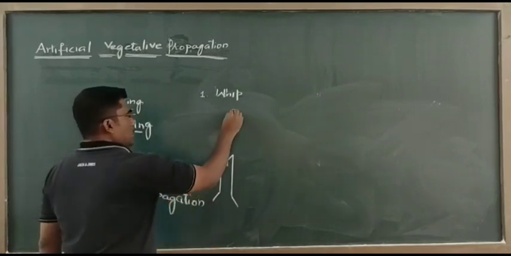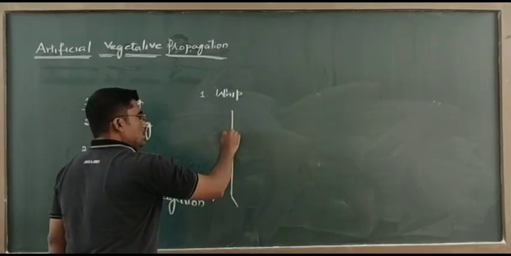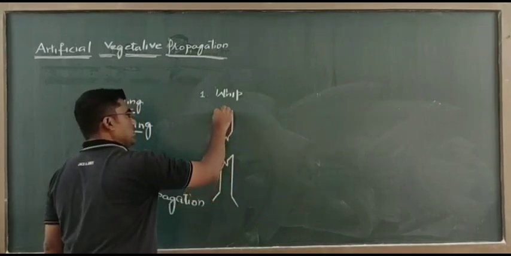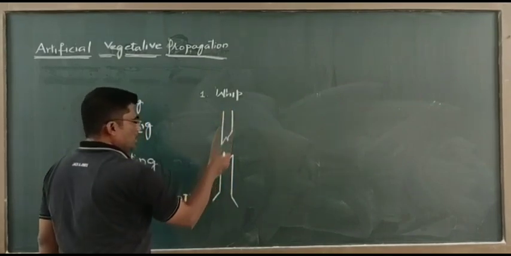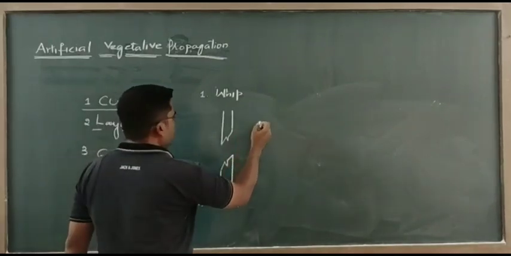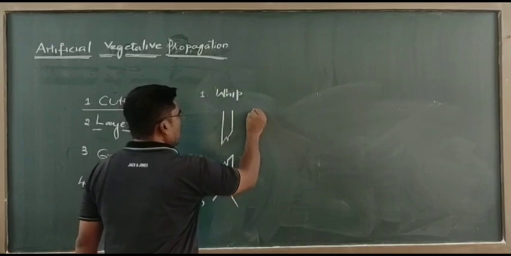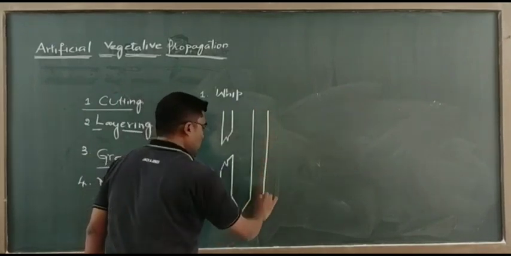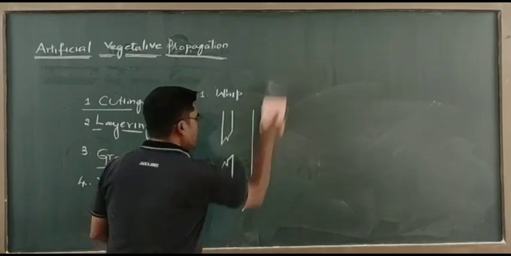And the scion is also cut obliquely in such a way that the scion can be fixed in the stalk. Then this scion is fixed with the stalk.